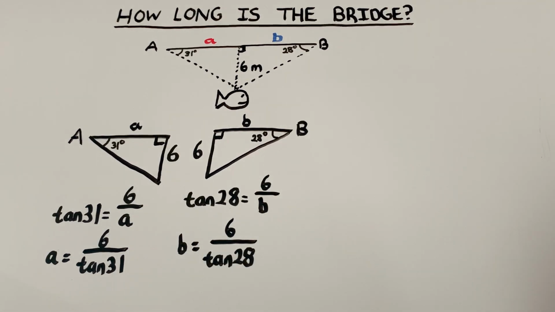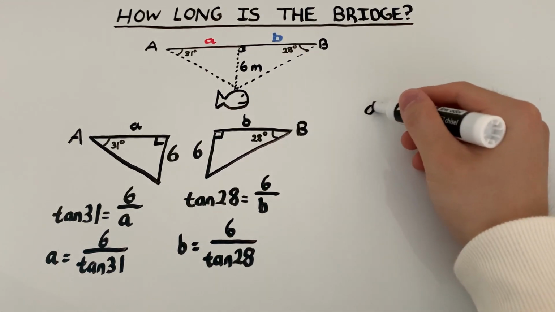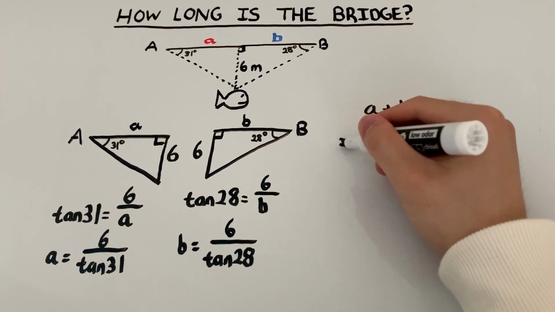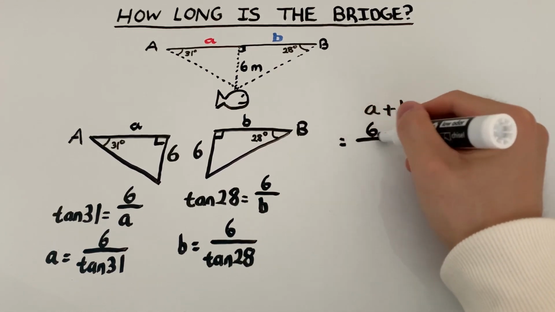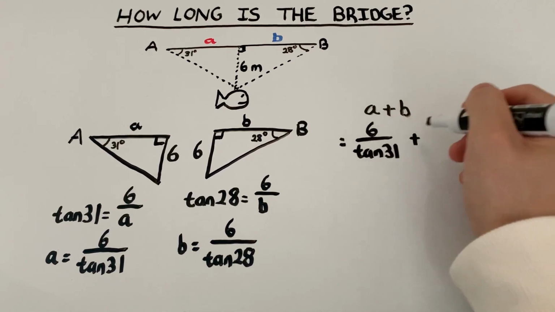And remember, the length of the bridge is going to be a plus b. So we can take a and b and add them together. So a plus b equals 6 over tan 31 plus 6 over tan 28.